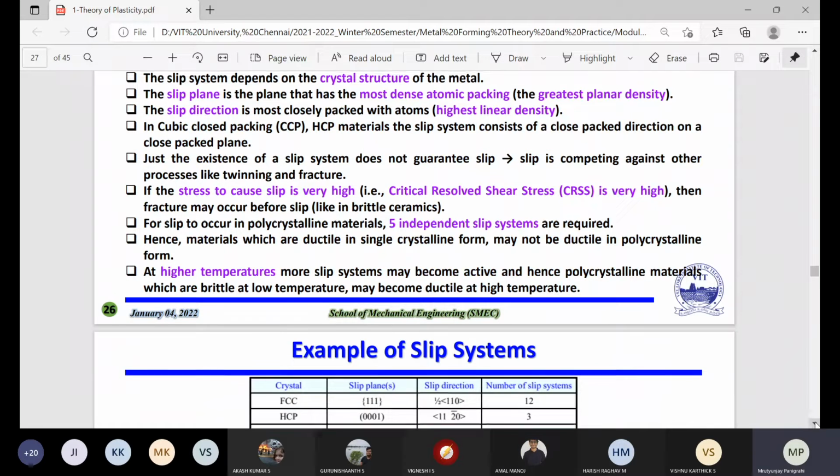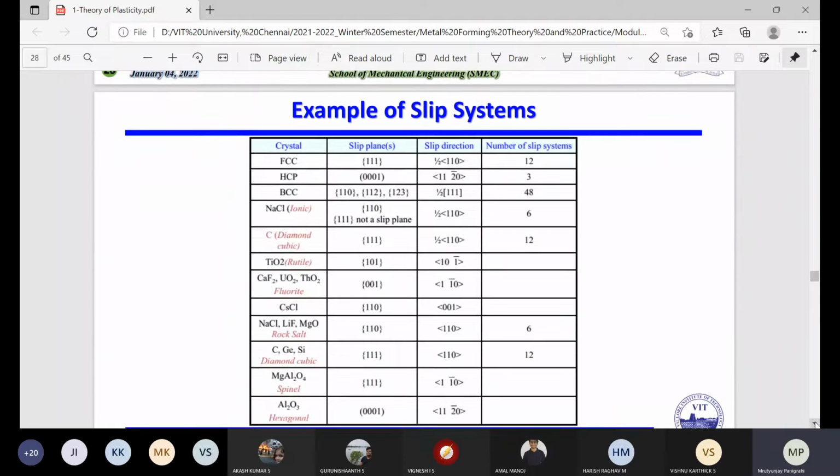Okay, so some of the slip systems I just mentioned. If you have a different crystal structure, your slip system is also different. We are not going into detail, but this is how it looks and how you write the slip plane. In this bracket you write the slip plane, or maybe you can use the square bracket also, and the slip direction you write like this.